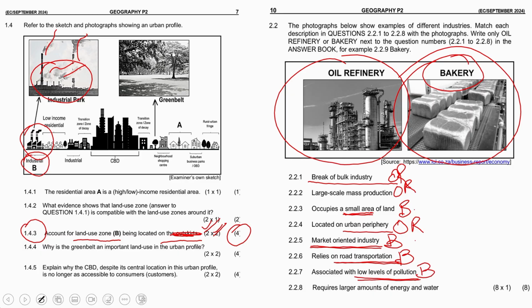So that is a bakery. Heavy industries, look at that. Pollution, smoke coming out, heavy stuff. So here we are looking at the bakery. Requires large amounts of energy and water. That is the oil refinery. Remember, we said not only energy, but reliable power supply. Think about the question of load shedding as a disadvantage.